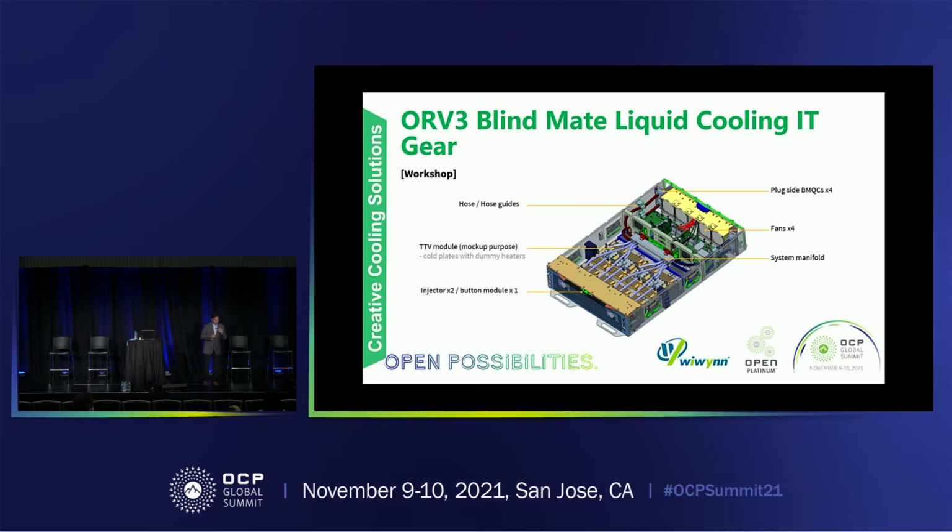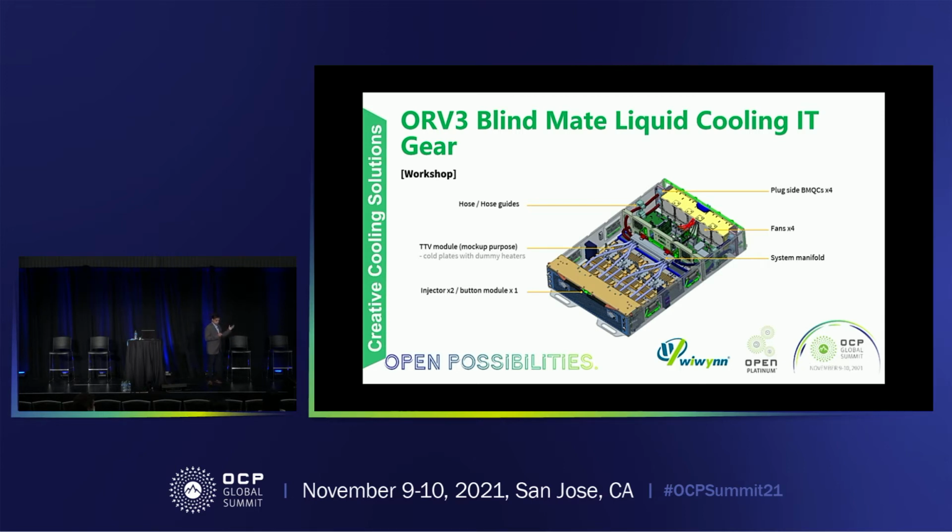So from the ORV3 blind mate liquid cooling IT gear workshop, what you see here is basically a chassis that was built for air-cooled. It goes into an ORV3 rack, an Open Rack V3 rack that's air-cooled. Now we have to turn this chassis to be able to fit into liquid cooling.